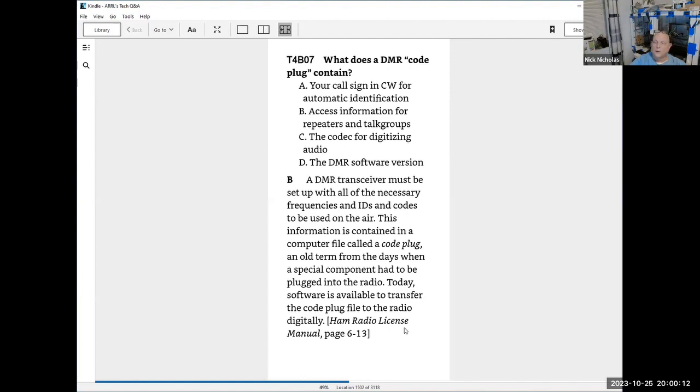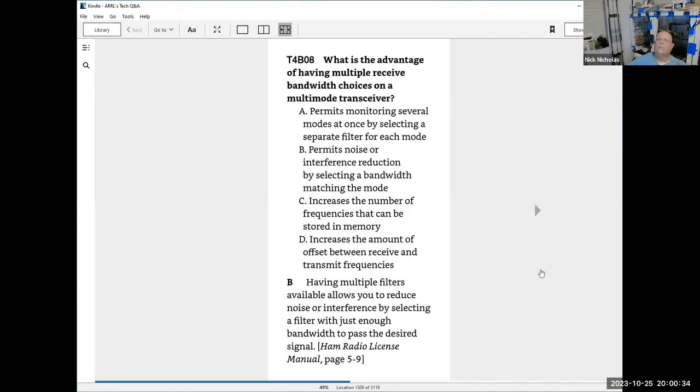Today, software is available to transfer code plug files to a radio digitally. So that's true. You just digitally have to pre-program your talk group and all the necessary information for the repeater you're going to use, and it then will transmit everything necessary when you're operating in DMR mode.